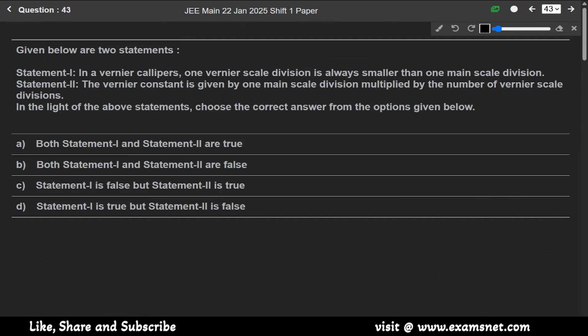Now next question 43. Given are two statements. Statement 1, in a vernier caliper, one vernier scale division is always smaller than one main scale division. And statement 2 is the vernier constant is given by one main scale division multiplied by the number of vernier scale divisions. So we have to choose the correct answer. This question is from the chapter of physics and measurements.